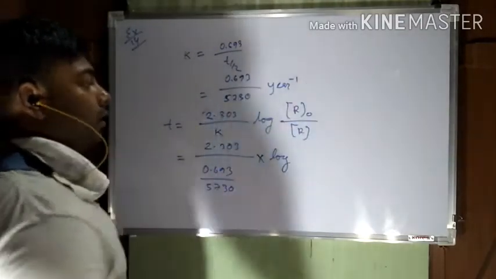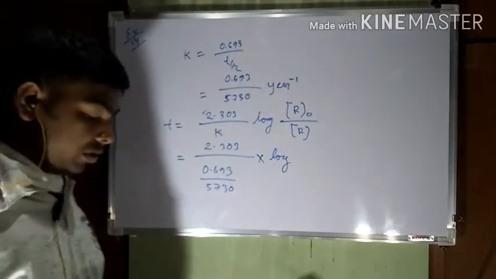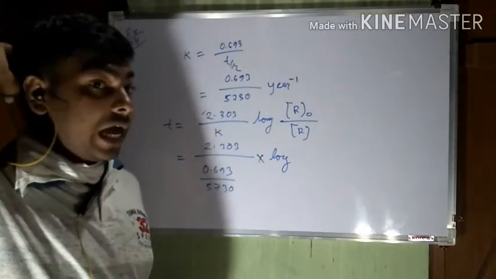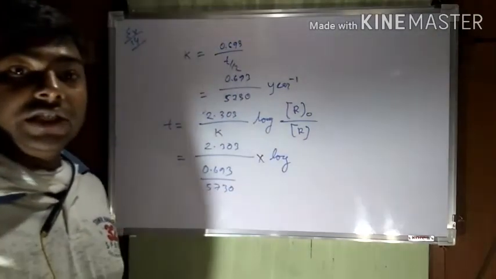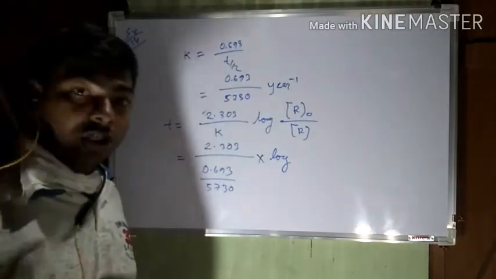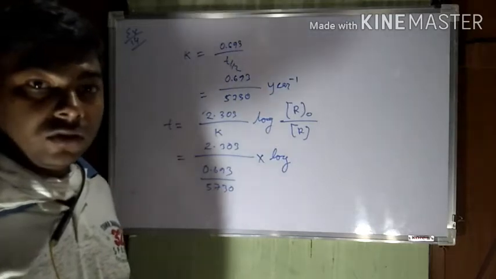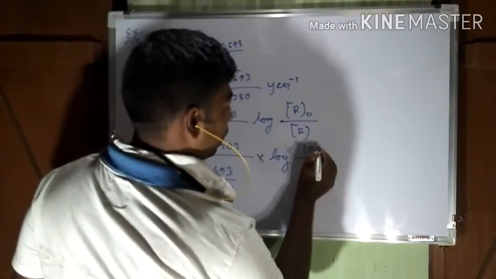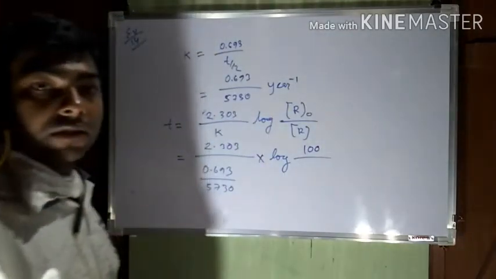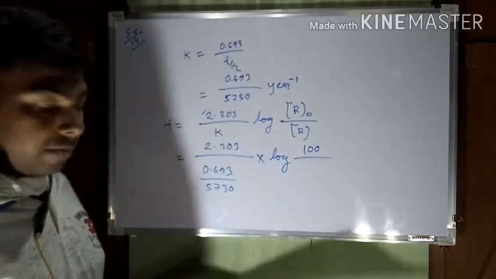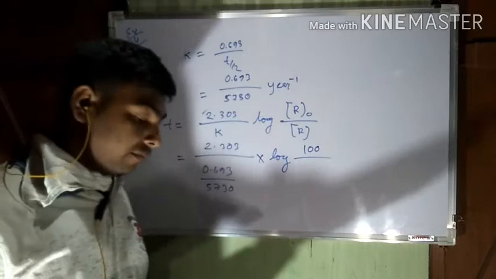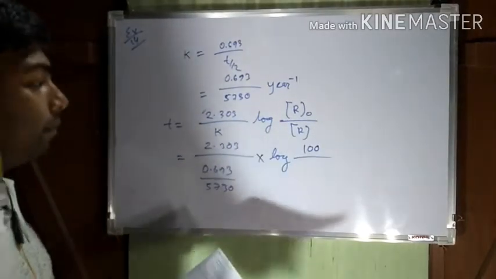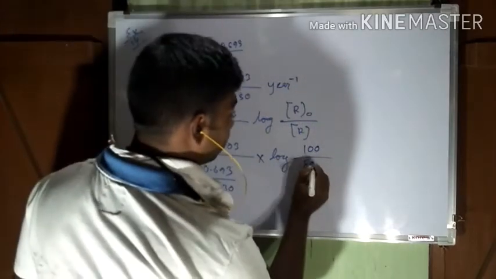R naught is the concentration at the initial position. Remember, when time is 0, the reaction has not started, so the concentration of the reactant should be 100%. That's why we have written 100. After some time it becomes 80%.